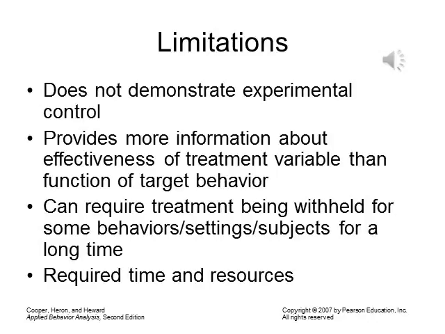Disadvantages. Well, since we're depending on, for verification, replication in other settings or behaviors or persons, we never really establish experimental control within any single data series. And that makes it a little weaker. It provides information about effectiveness of treatment variables more so than it does about the function of the target behavior.